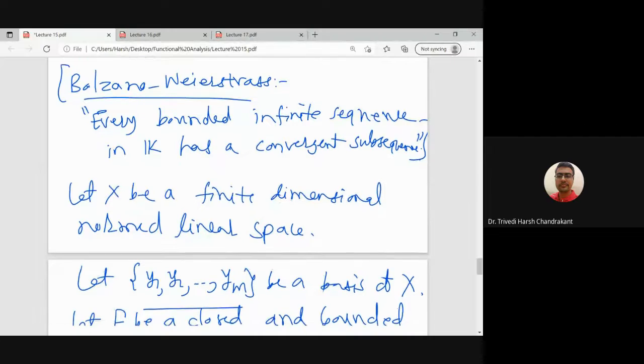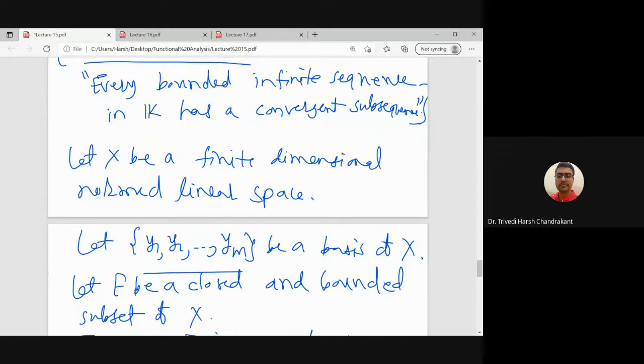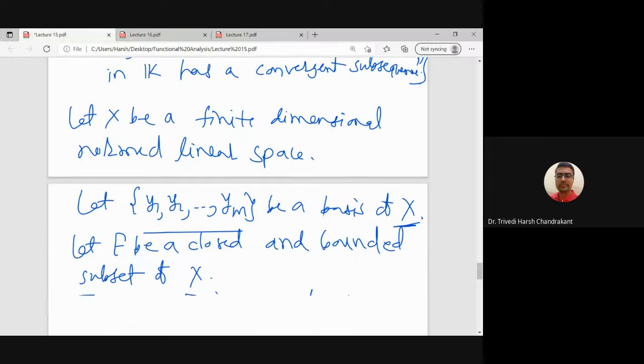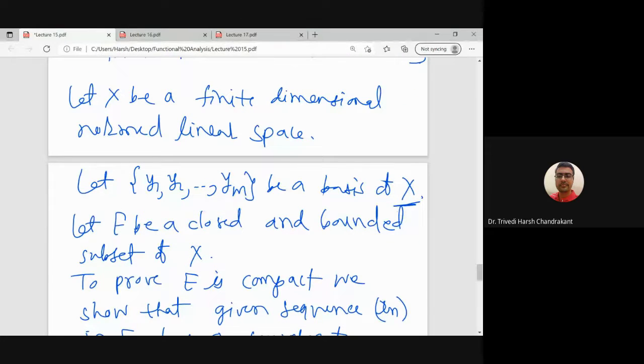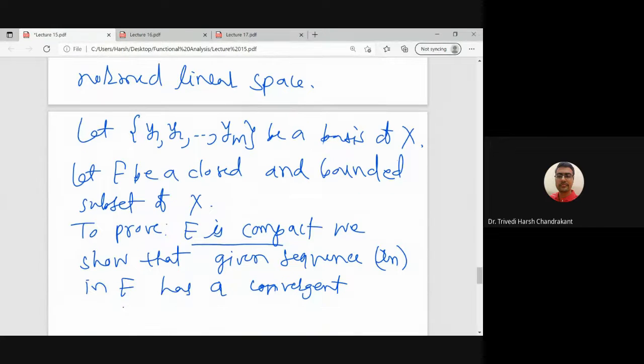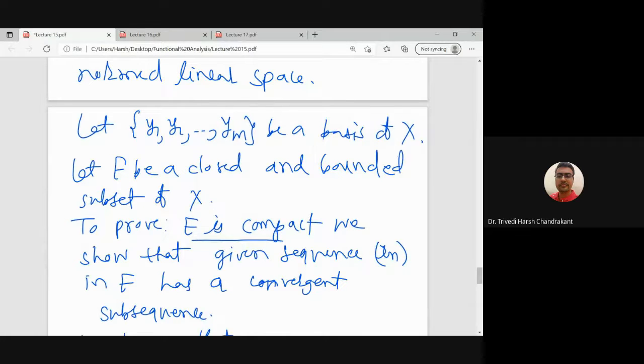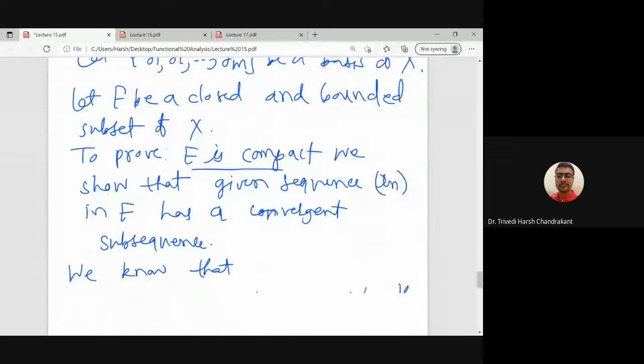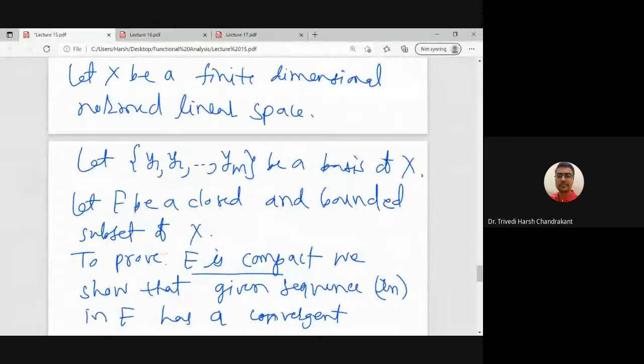Since X is m dimensional, we have considered the basis y1, y2, ..., ym of X, and we started with any closed and bounded subset E of X. We want to prove that this closed and bounded subset is compact. Since E is a subset of X, E is already bounded.